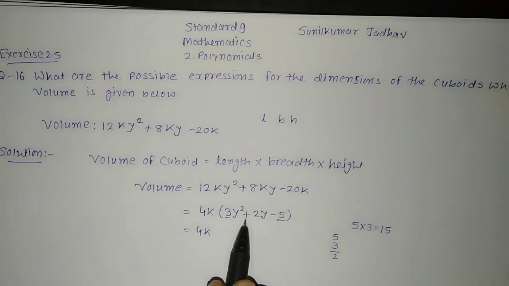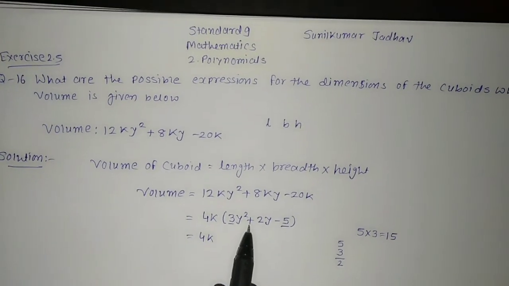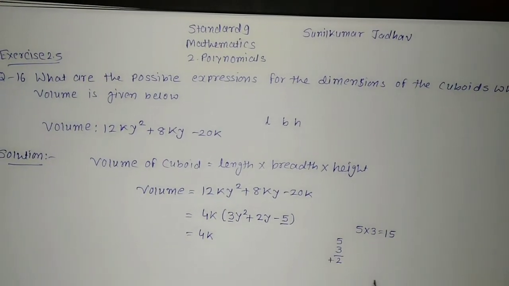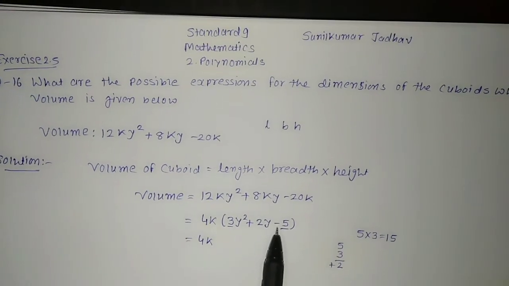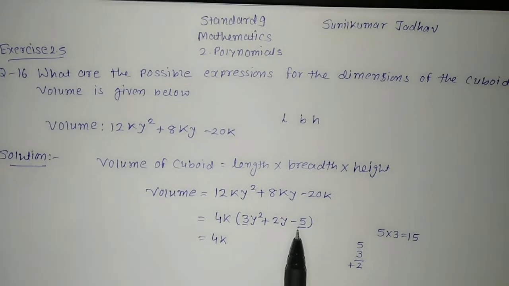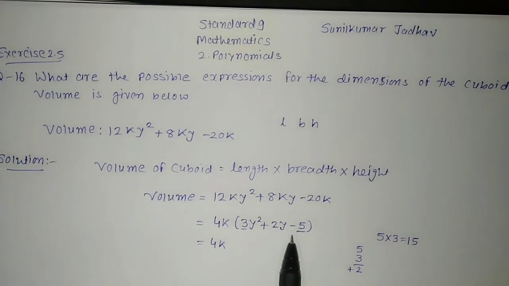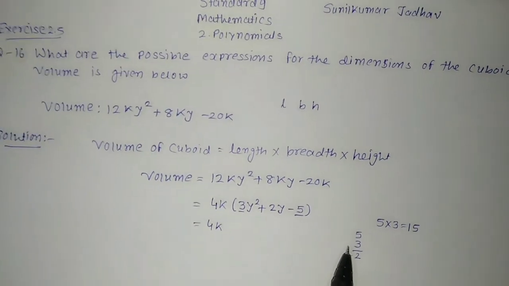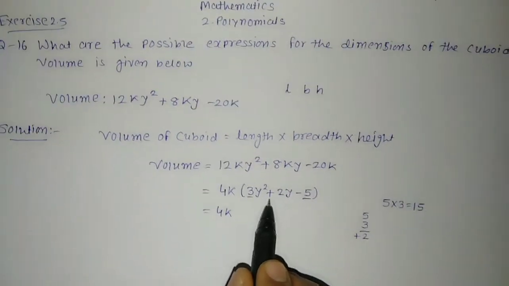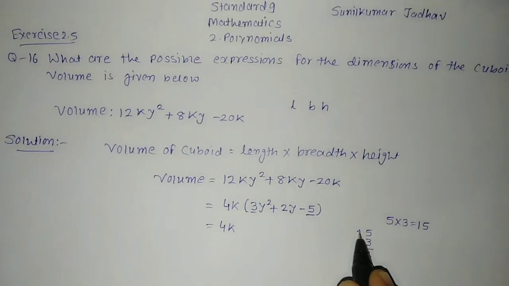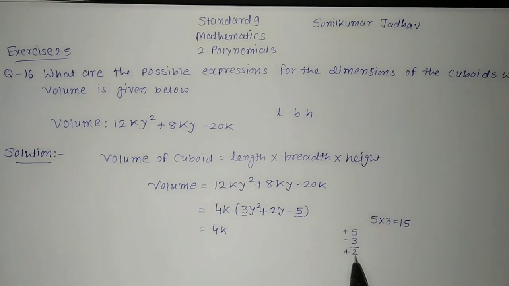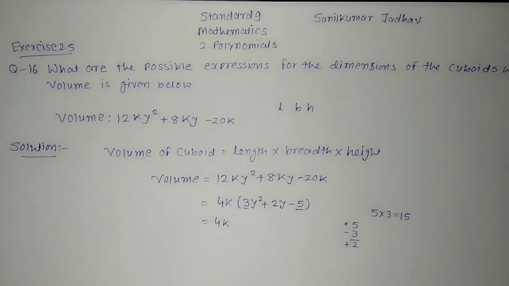But we want plus 2 at the center, so while subtracting, the two terms should have different signs, and the greater term gets the sign of the middle term. So 5 is the greater term and gets plus, and 3 gets minus. 5 minus 3 is 2.